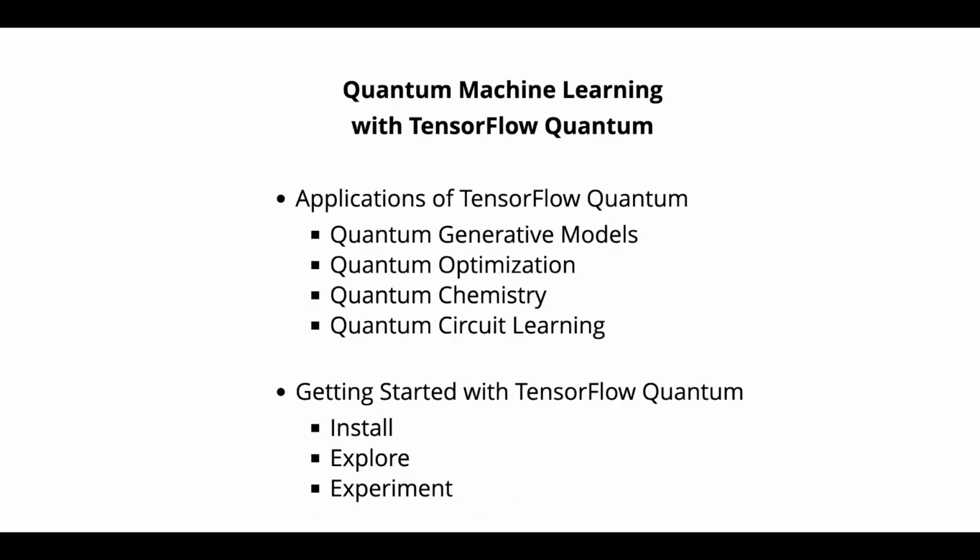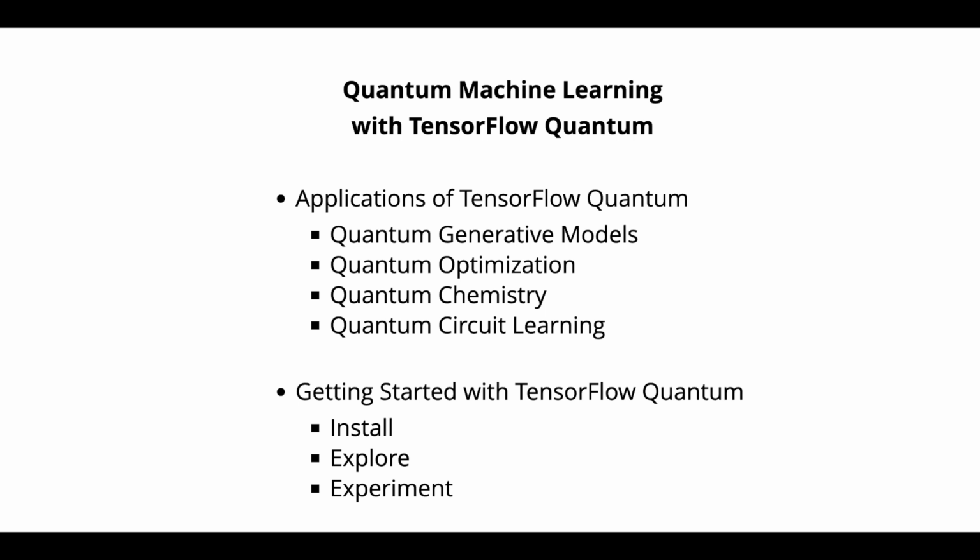The applications of TensorFlow Quantum are quantum generative models. These generate quantum data samples and distributions using variational quantum circuits. The next one is quantum optimization. It solves optimization problems using quantum algorithms and variational quantum eigensolvers.